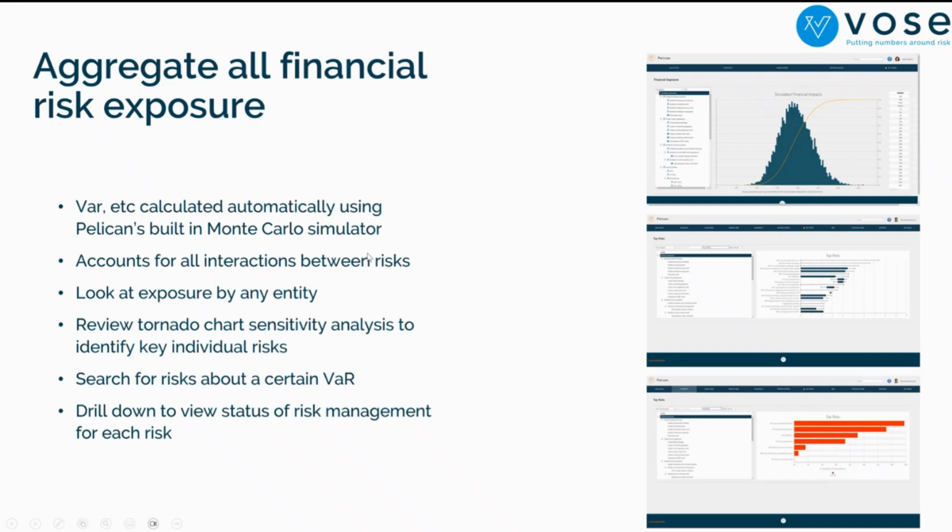It accounts for all interactions, all links between risks and say common factors and common control procedures, etc. All that is taken into account during simulation, and the person can look at that exposure from different angles. You can look at the total financial exposure for the whole company or for just a unit or a project. You can split by the risk breakdown structure, etc. So it's very, very flexible and powerful at the same time.